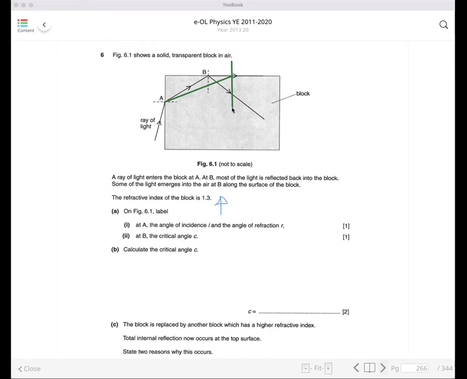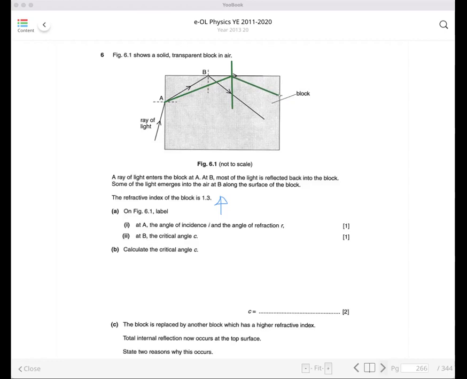Yuting, your word should be refracted, not reflected. So this angle here now is bigger, and therefore the chance of it having a total internal reflection will be higher.